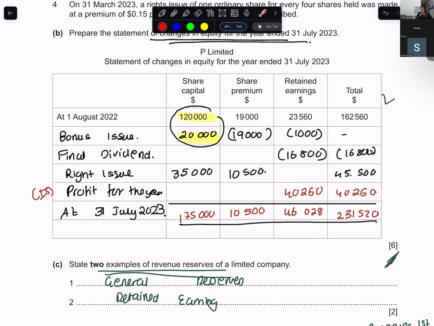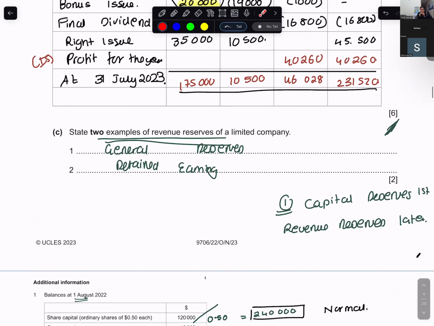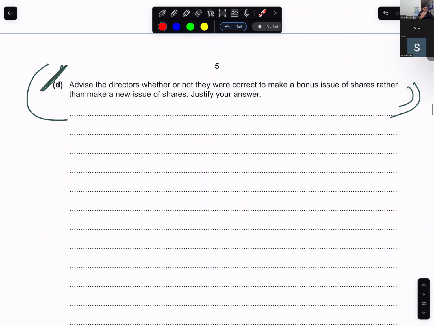If they are issuing a bonus issue, what is the benefit? What are the pros and cons of a bonus issue? The advantage would be it will make use of the securities premium.